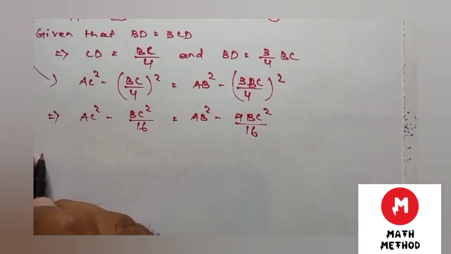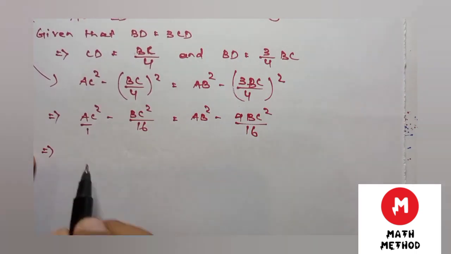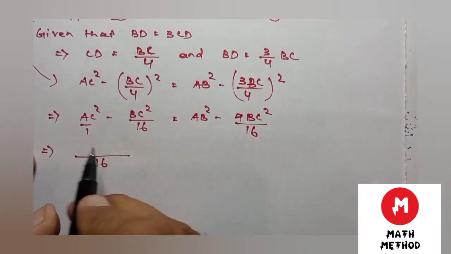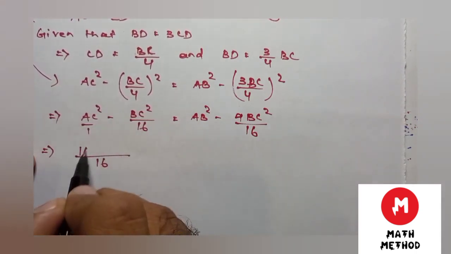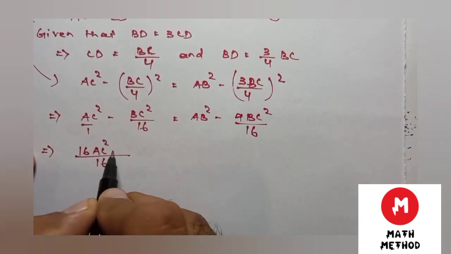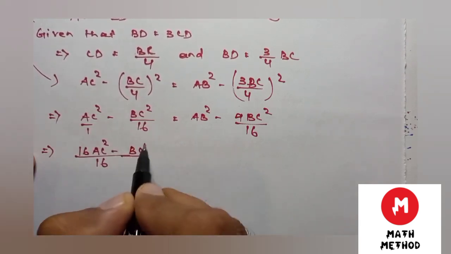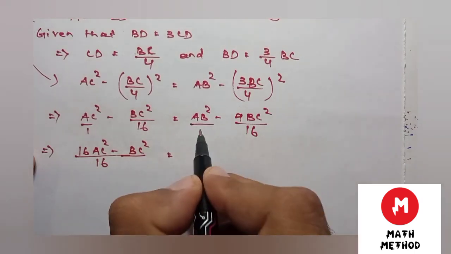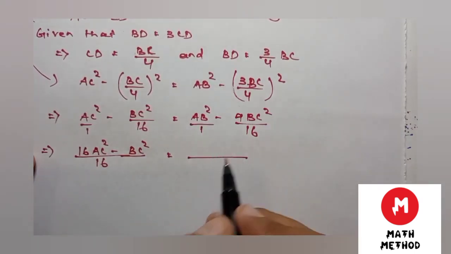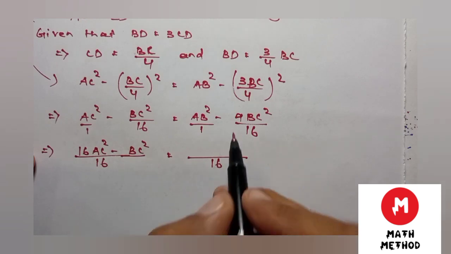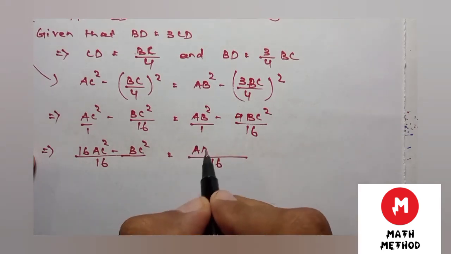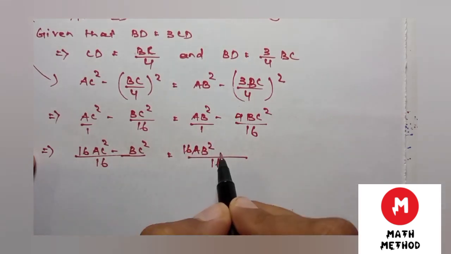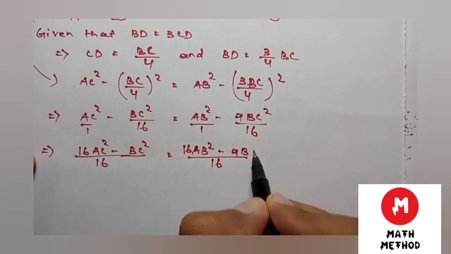Clear? Now this is our 1, this is our 16, the LCM of 1 and 16 is 16. This will be 16AC square minus BC square, which equals, again this is 1, and the LCM of 1 and 16 is 16, this is our AB square 16 times minus 9BC square.